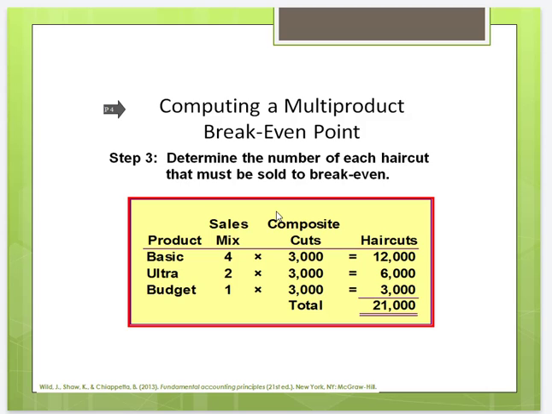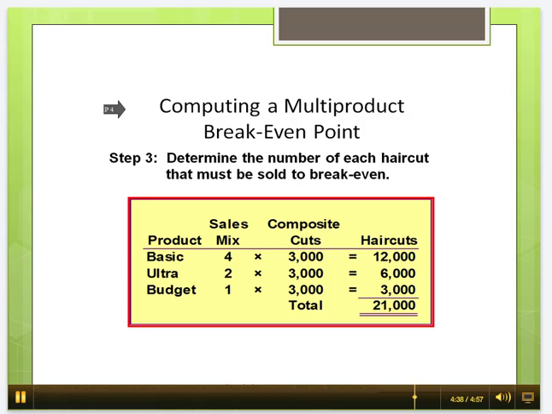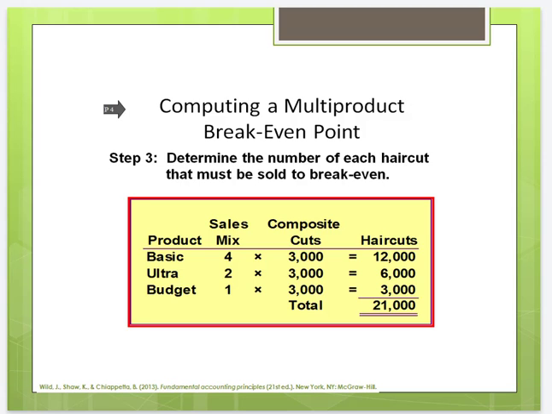For ultra, there are 2 within each composite unit, so we multiply 2 times 3,000 to get 6,000 ultra haircuts, and then we need 3,000 budget haircuts. So if this company wants to break even, they're going to have to sell a total of 21,000 haircuts in the proportions indicated here on the slide.